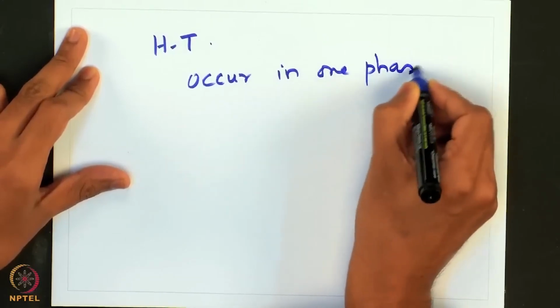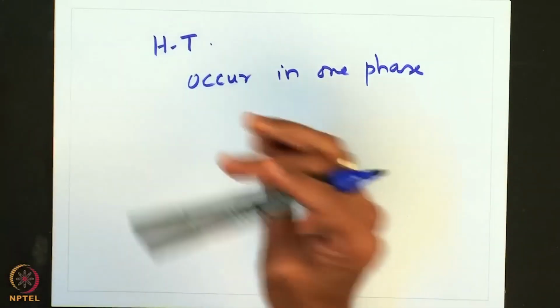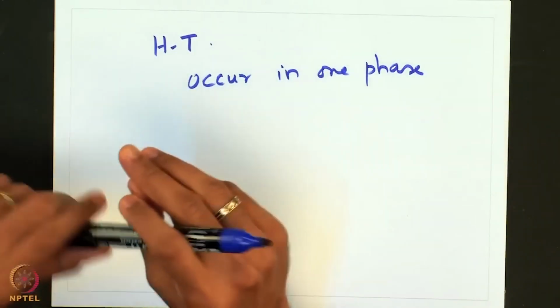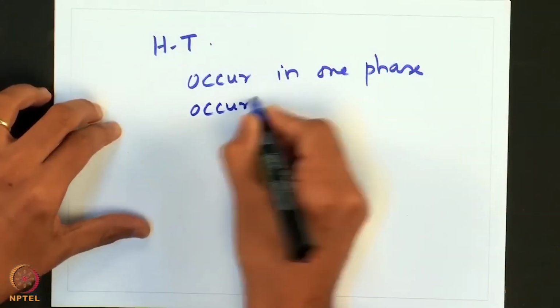If there is a slab which is maintained at different temperatures at the two ends of the slab, and let us say you have a heat source present at one location, then one can transfer the heat from one end to the other end of the slab, where the heat is transported within one phase. Similarly, it can also occur in multiple phases.